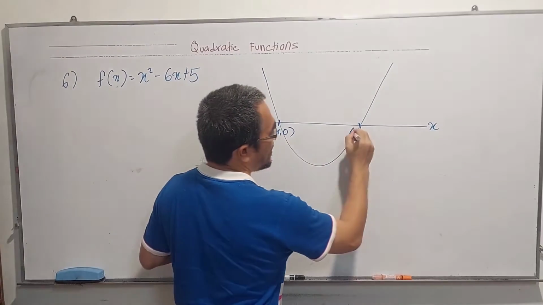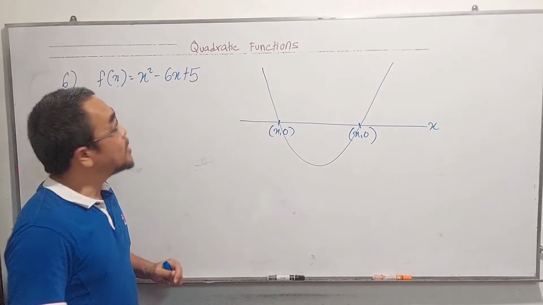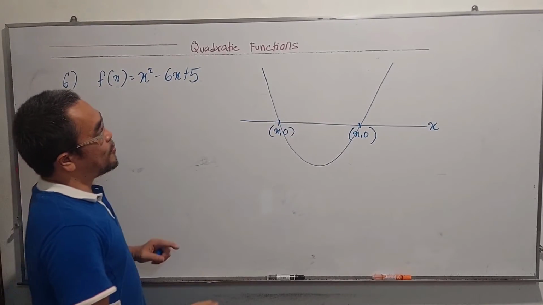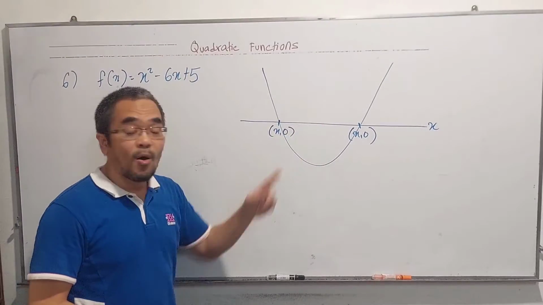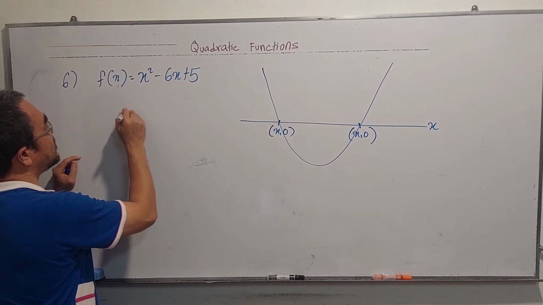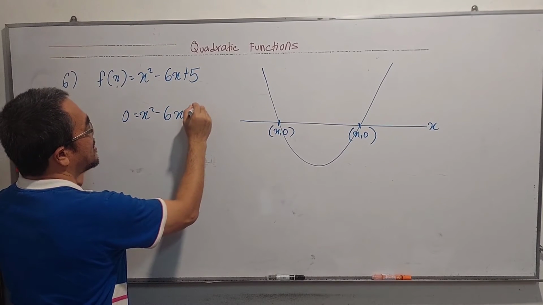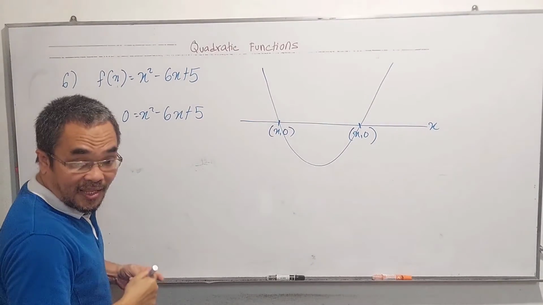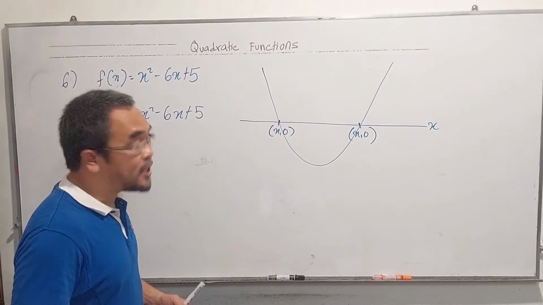Similarly here, the x here and the y I know is 0. So for your info, that 0 is either y or f(x). f(x) is 0. So you substitute 0 equals x squared minus 6x plus 5. And then solve just like you did for the other equations.